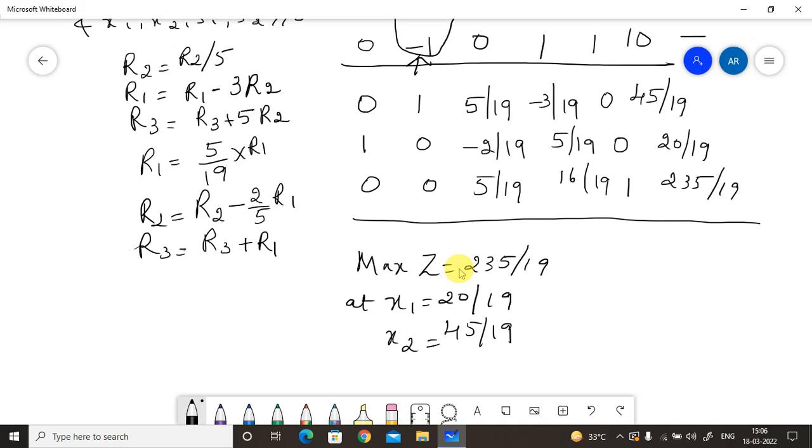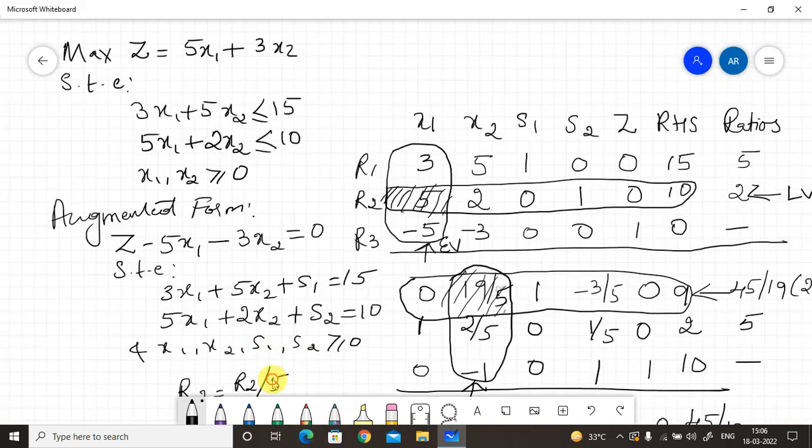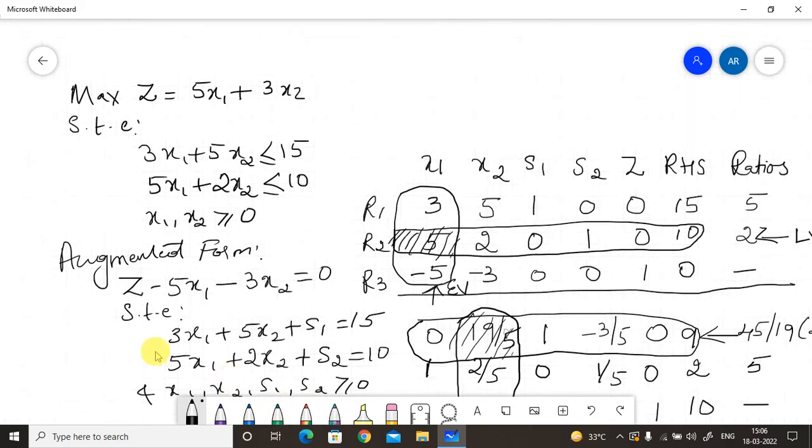Done, right? Now if you just substitute the value x1 equal to 20 by 19 and x2 equal to 45 by 19 in the given question, max Z is equal to what? The value we got for max Z here is 235 by 19, right?